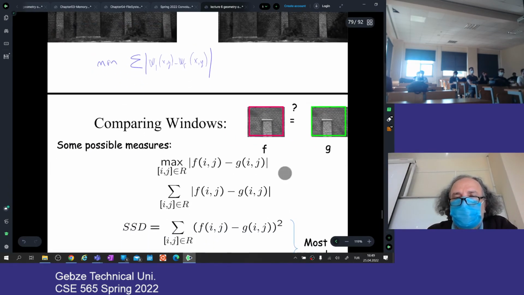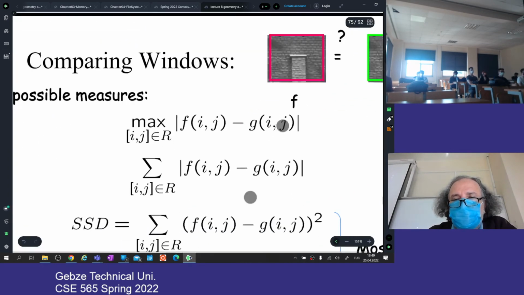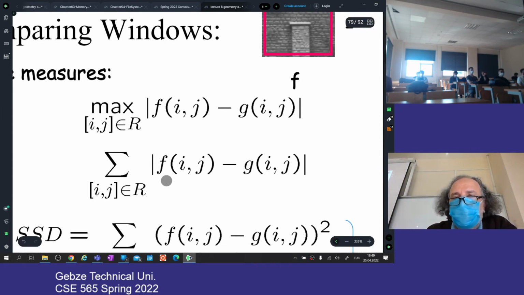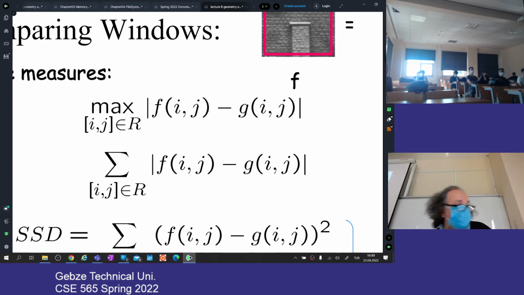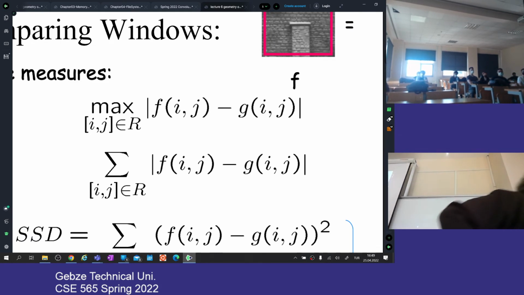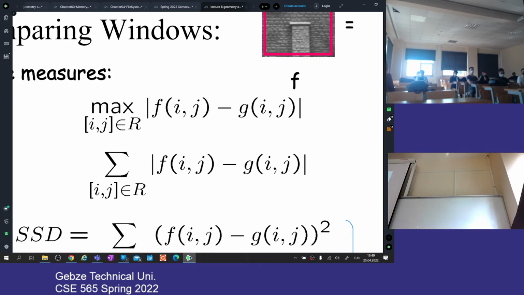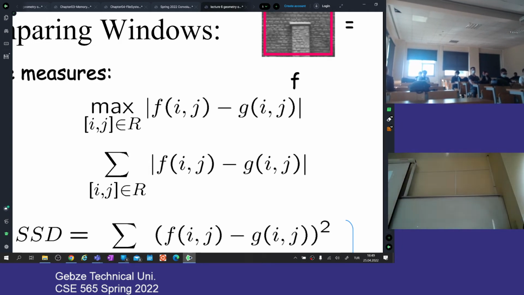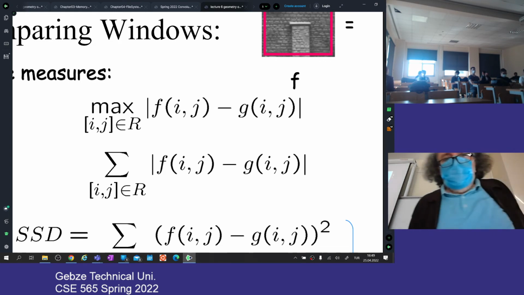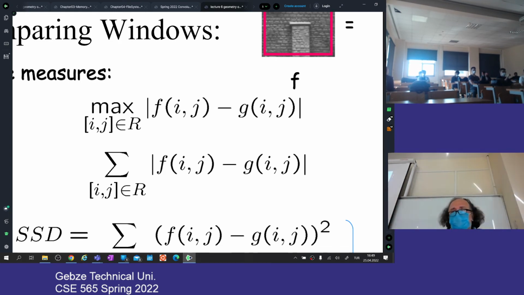Comparing windows, I can compare F window, G window, subtract the corresponding elements and add them up together, and whatever minimizes this. Okay, just subtract these windows and that will be it.